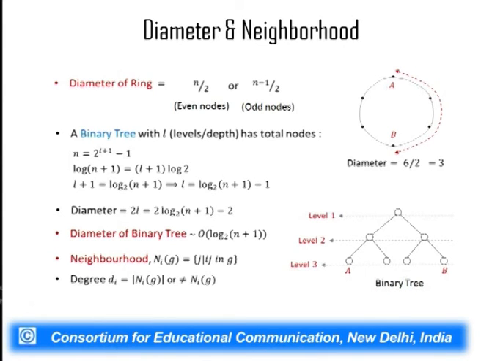Next, if we take a binary tree, we know that there are L levels, or we can say L depths. Here we apply a simple formula, n equals 2 to the power (L plus 1) minus 1, which is how many nodes are possible up to a particular level.